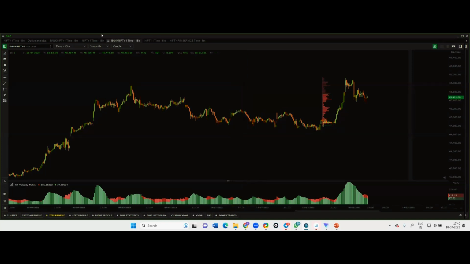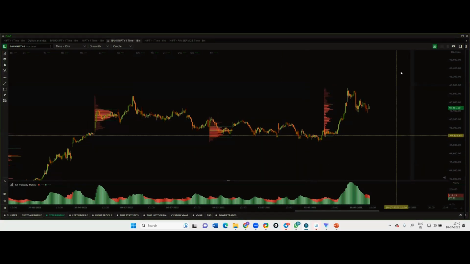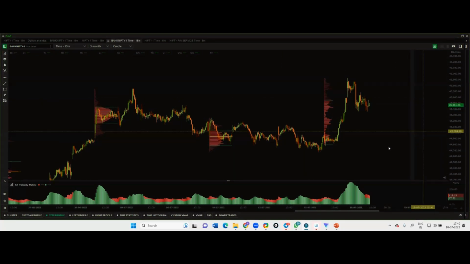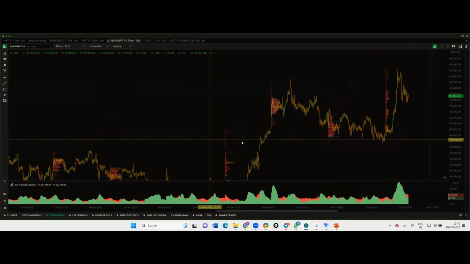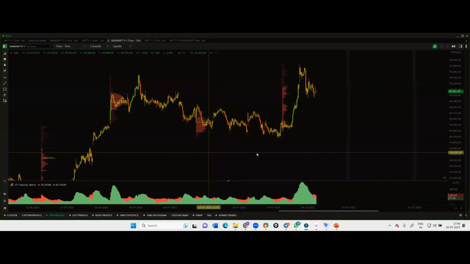Let the profile load. Now the profile is loaded.